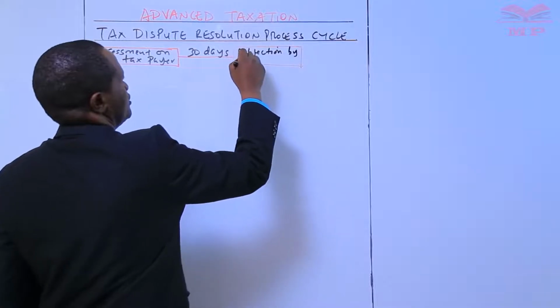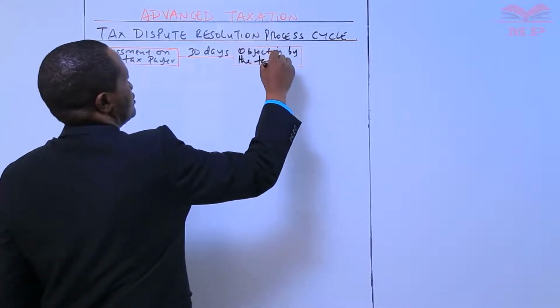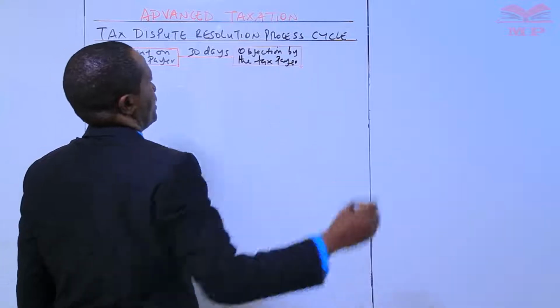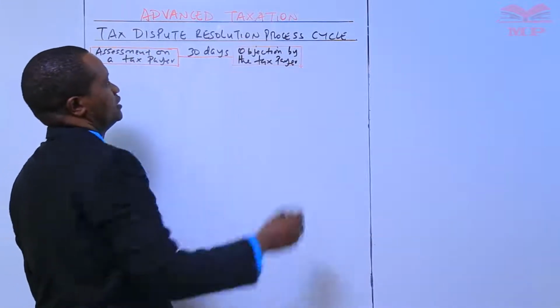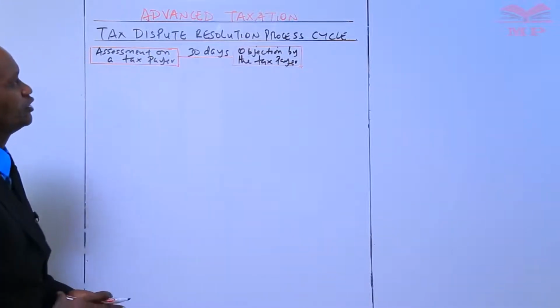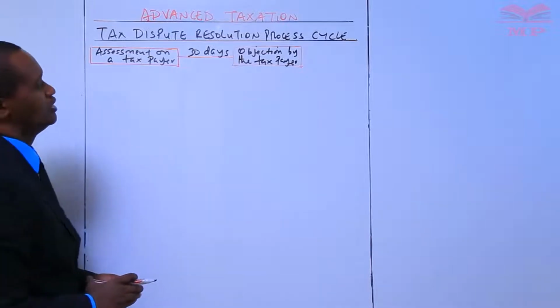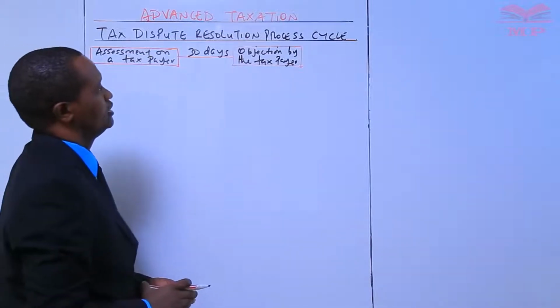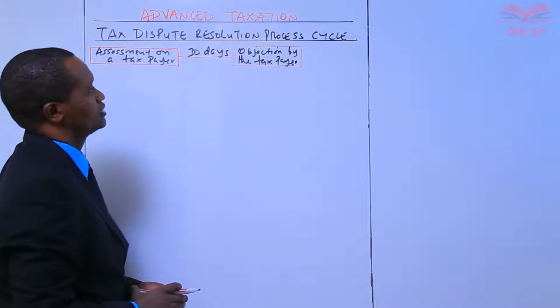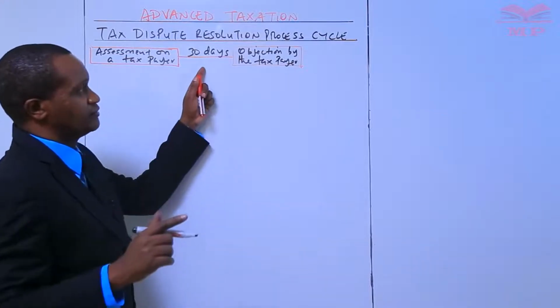The taxpayer should within a period of 30 days notify the tax administrator in writing.